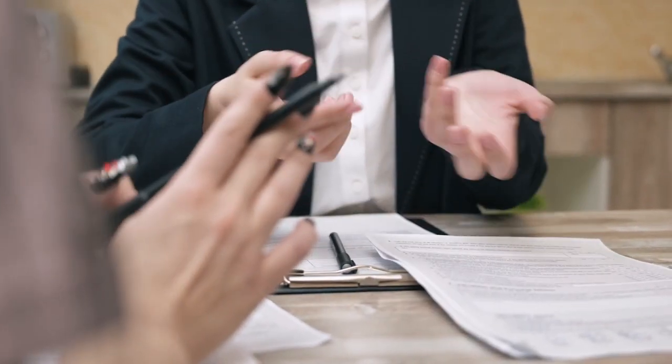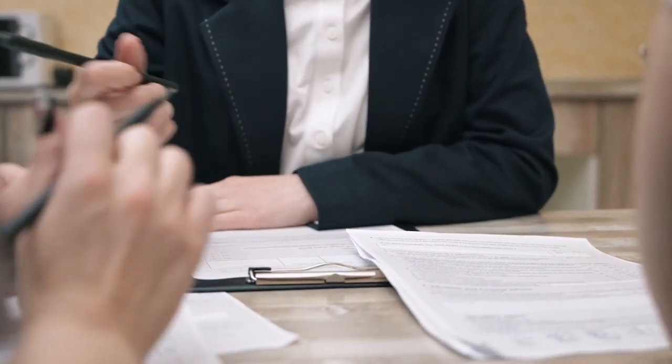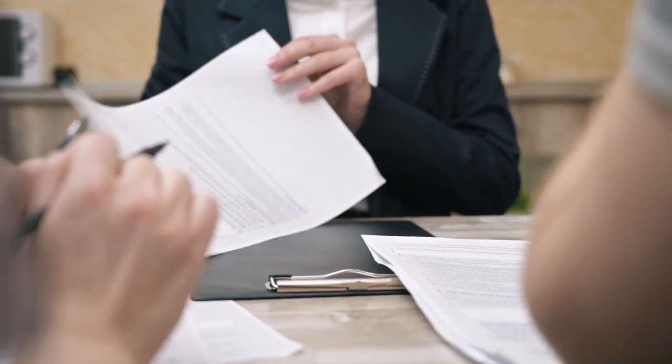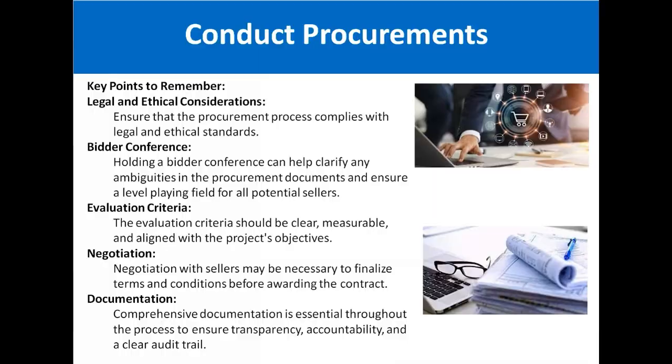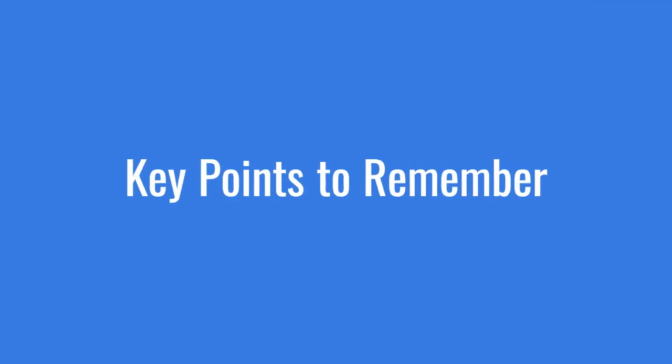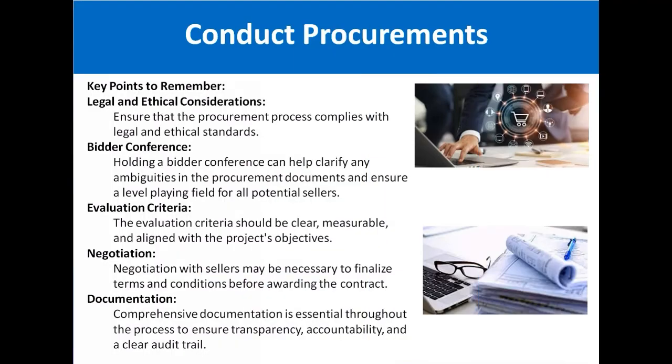That means proper agreements and proper contracting should be done with the vendor, the selected seller. Key points to remember here. First is legal and ethical considerations: whatever contract you make should follow all legal and regulatory requirements.